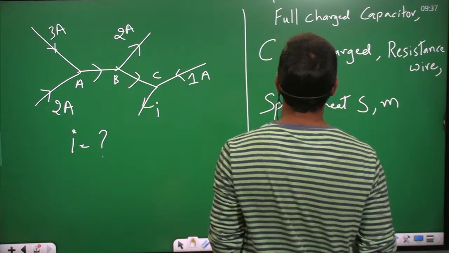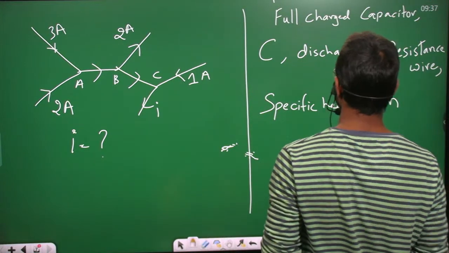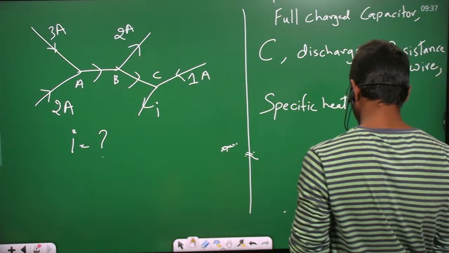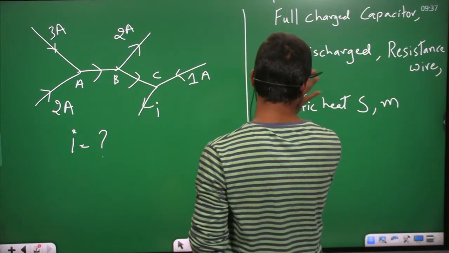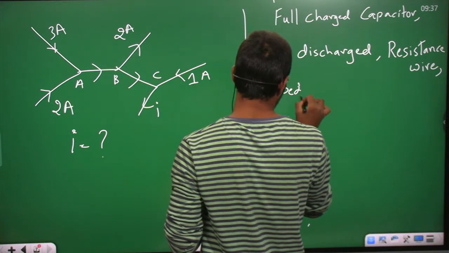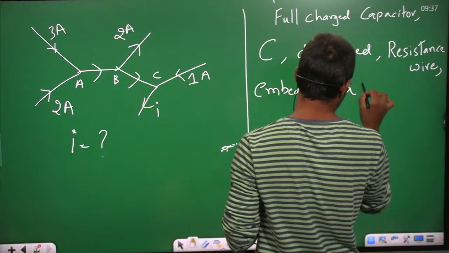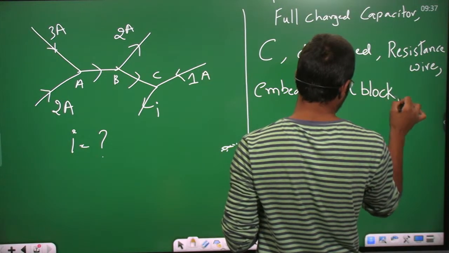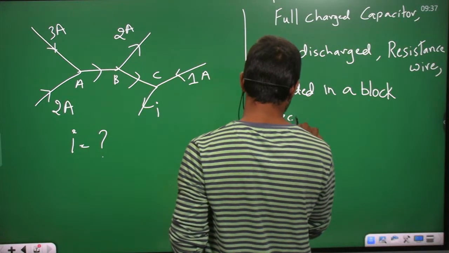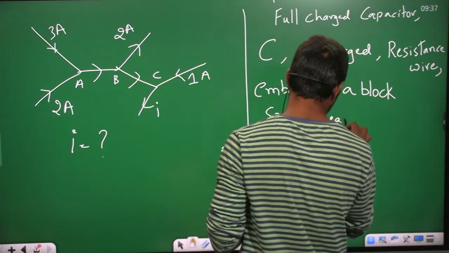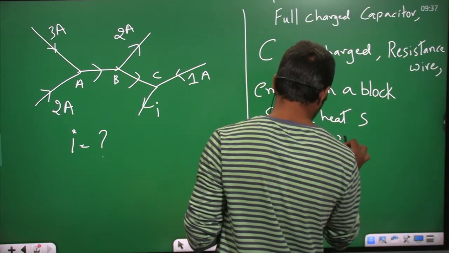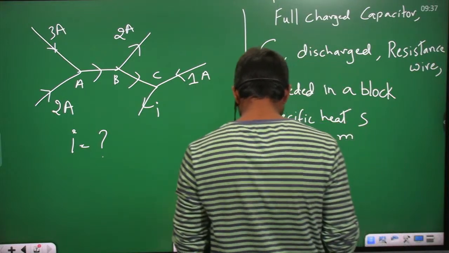A fully charged capacitor has a capacitance C. It got discharged through a small resistance wire embedded in a block of specific heat S, mass M, under thermally isolated conditions.